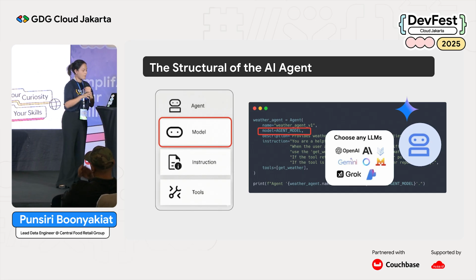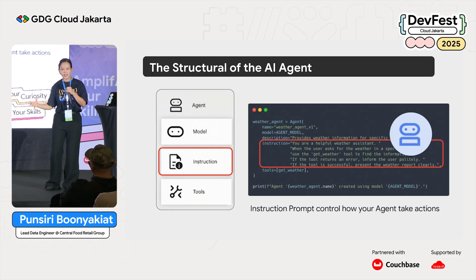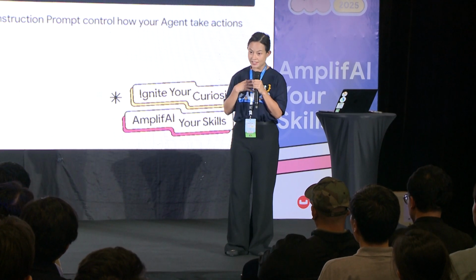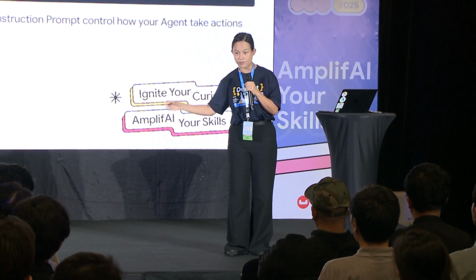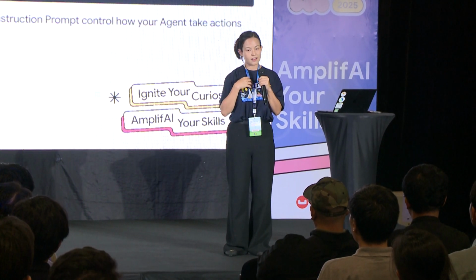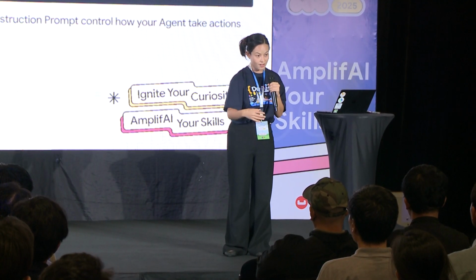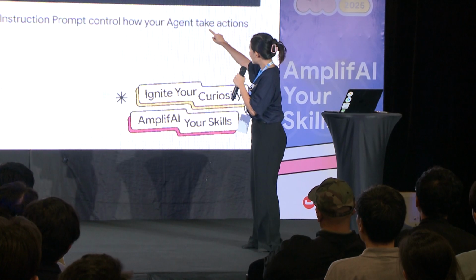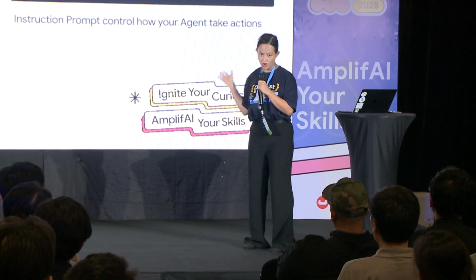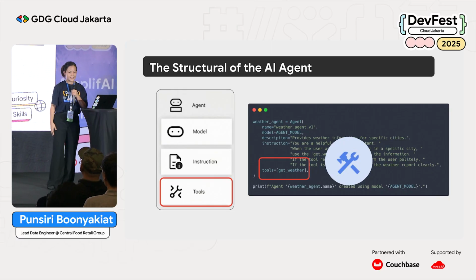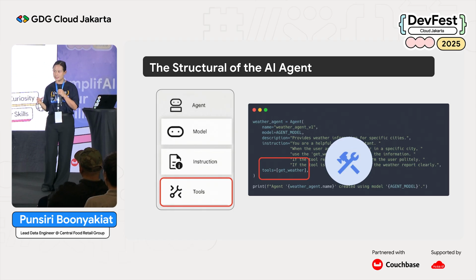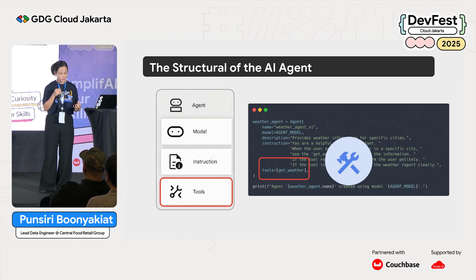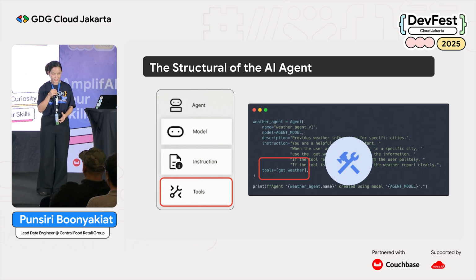The second is the instruction, to make the agent behave in the way that you want it to behave. For example, you want a retail agent that can search for products for you, or a travel agent that can find hotels for your customer. Then you will need to define very clear instructions on what you want your agent to do. And the third thing is the tools for your agent.